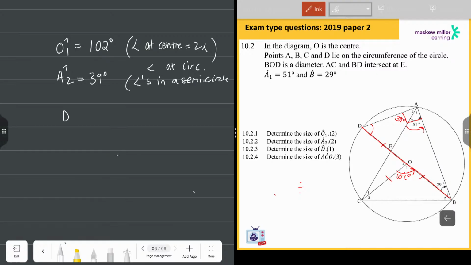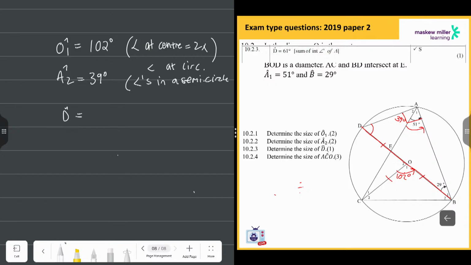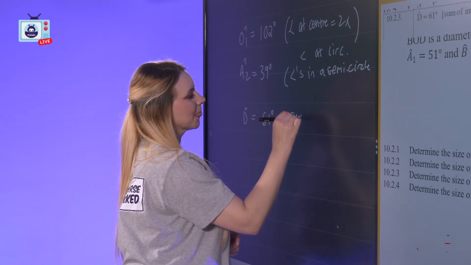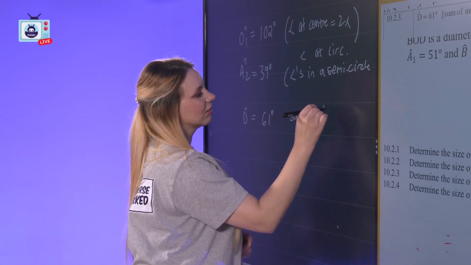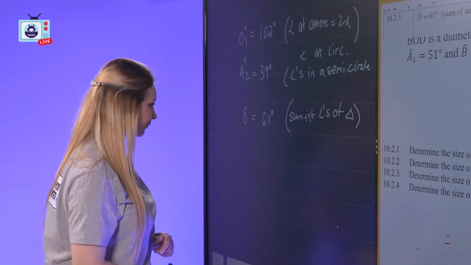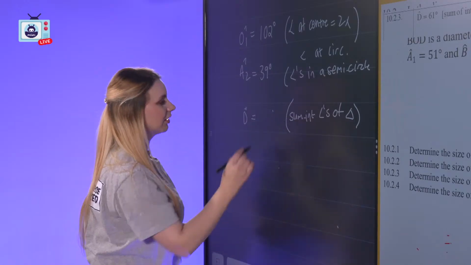So D is going to equal 180 minus 39 minus 51 and minus 29, which is going to give us 61 degrees. So D is equal to 61. We use the sum of the interior angles of a triangle, right? That is 180 degrees.